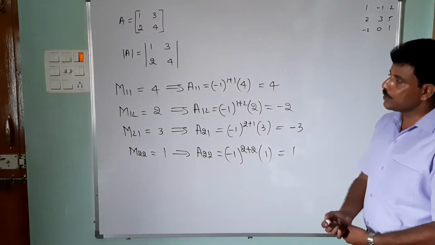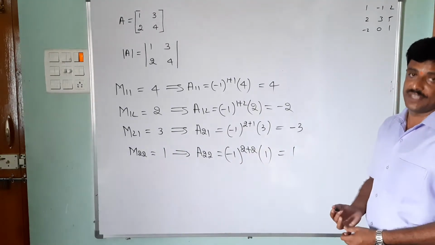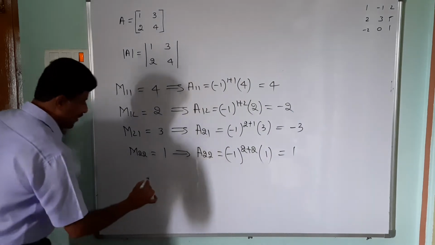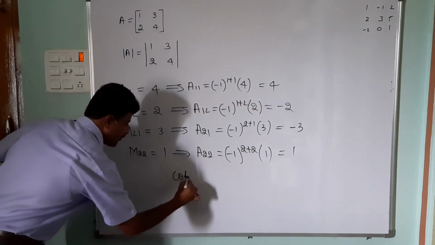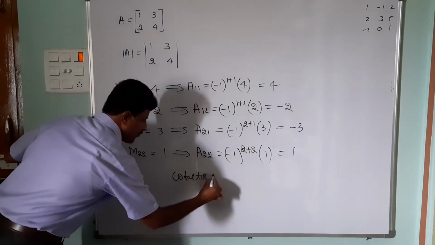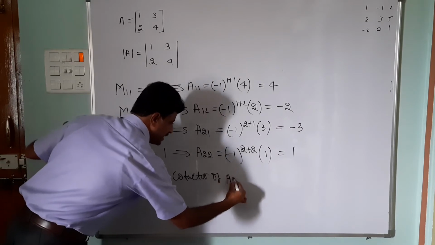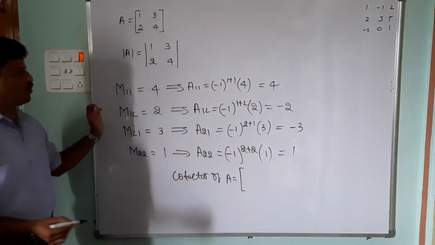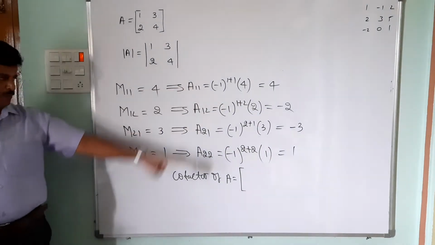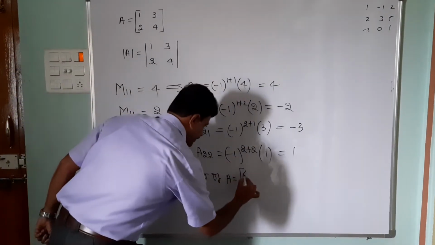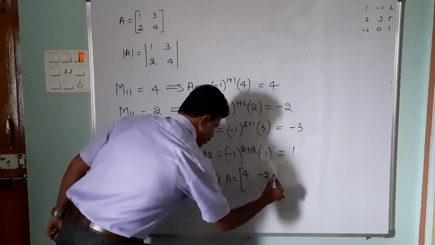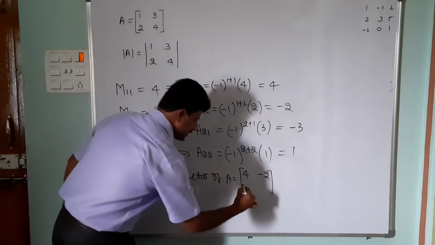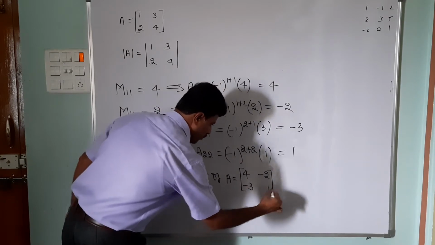But here I am going to find the adjoint of A. So first you write the cofactor of A. Cofactors of A: first element cofactor 4, next minus 2, next minus 3, next 1.